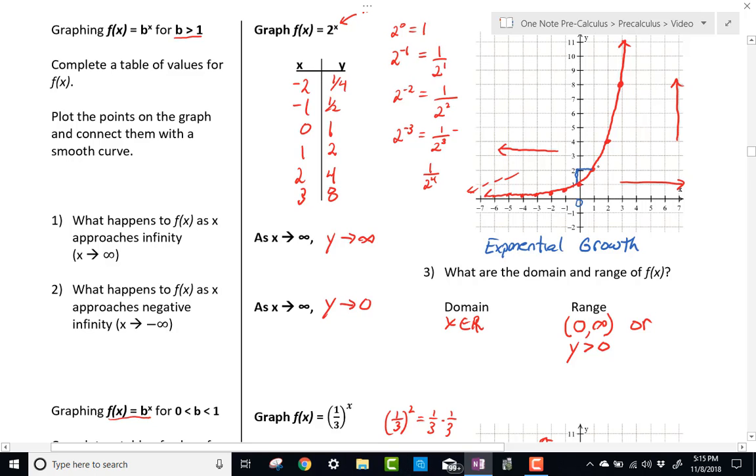But then when I go from 1 to 2, my slope is 2/1. And then I go from 2 to 3, and all of a sudden my slope is 4/1. So that's why it's called exponential growth, because the slope is growing at a much faster rate each time you plug in a bigger value of x. All right?